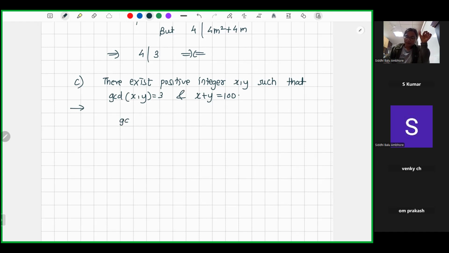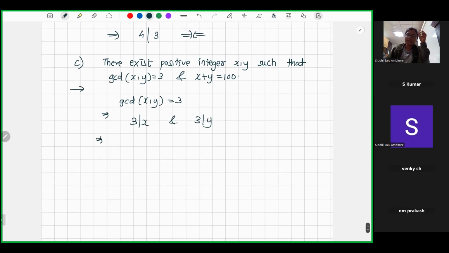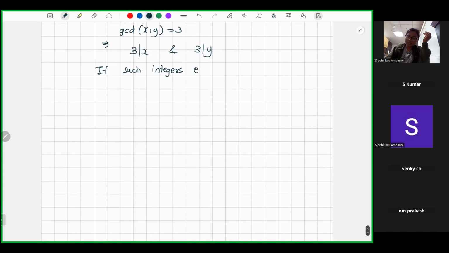See, GCD of x comma y is 3. This implies that 3 divides x and 3 divides y. And if such integers exist, then 3 will also divide x plus y.